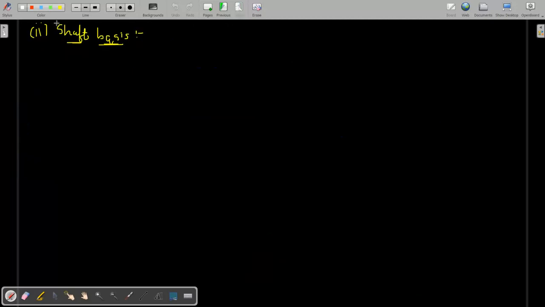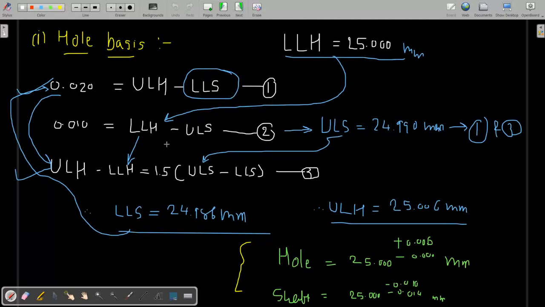The upper limit of the shaft is equal to 25 mm. Now again use the same equations 1, 2 and 3, but here we have the upper limit of the shaft instead of the lower limit of the hole.